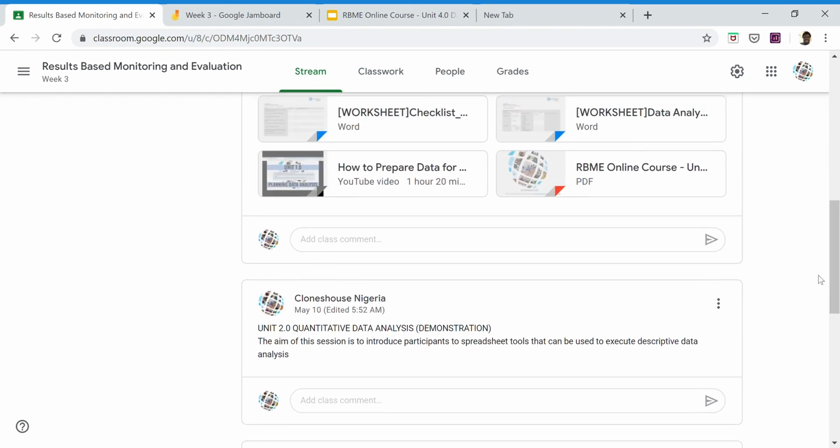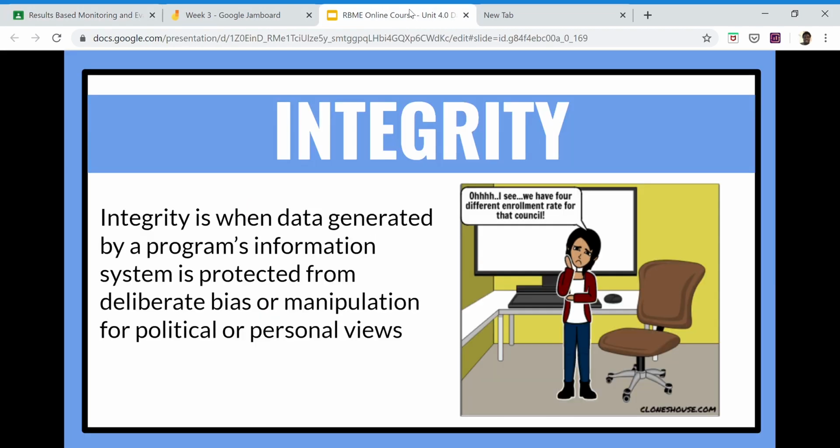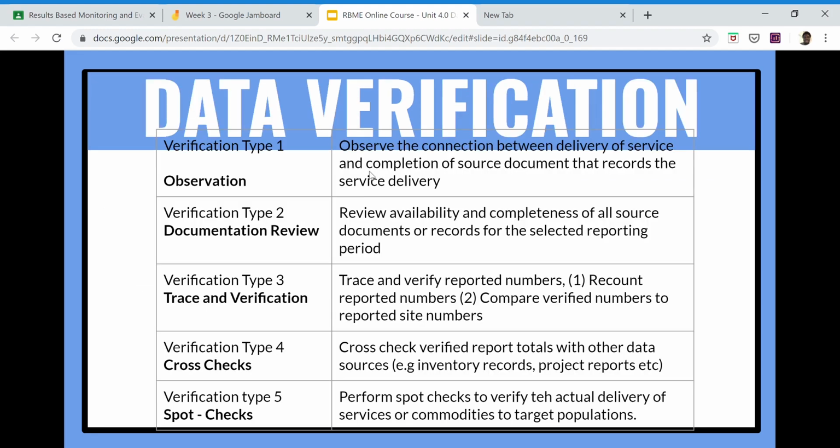You can check inside your classroom for checklists from different development organizations like USAID and DFID, who have worked on creating checklists for quality data assessments during programs, which you can take a look at and use. I think that will be useful for the work that you will be doing in the near future.